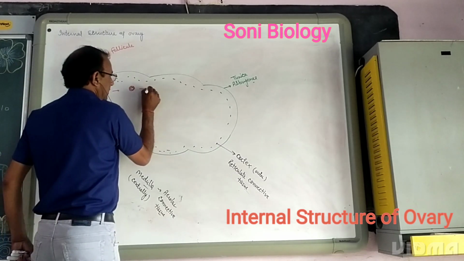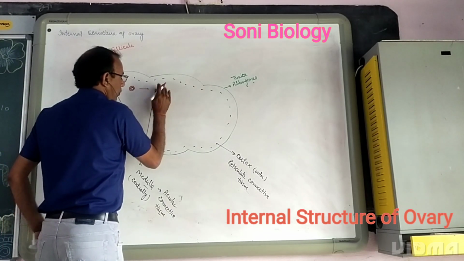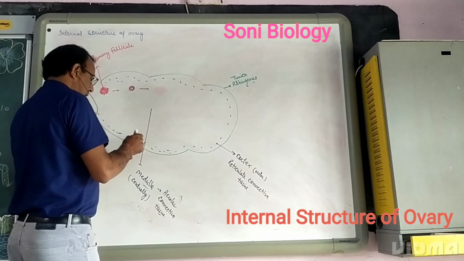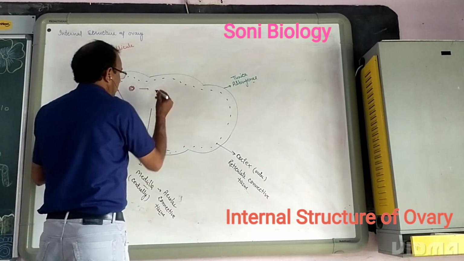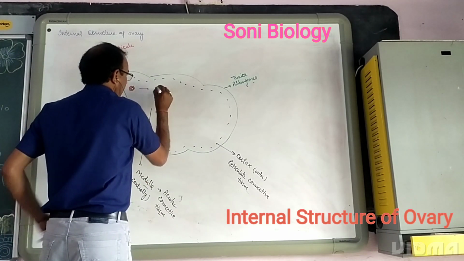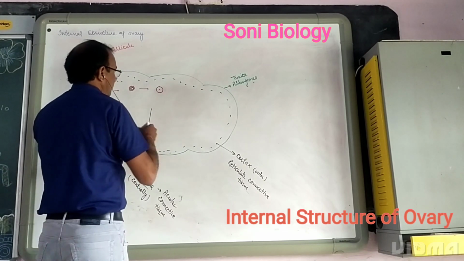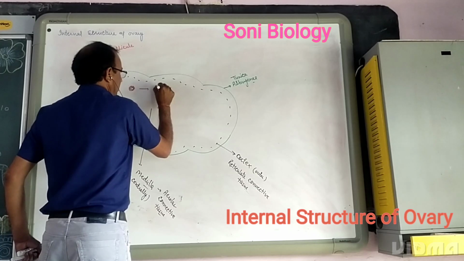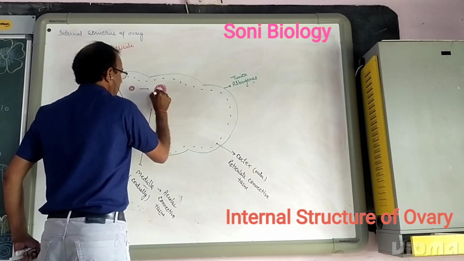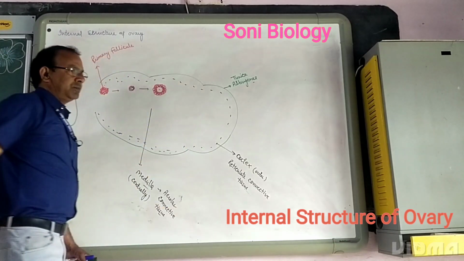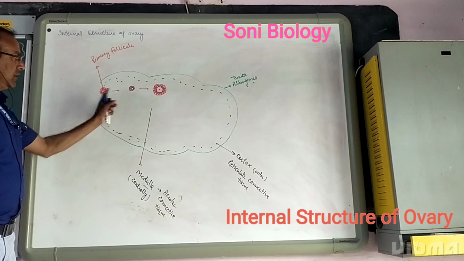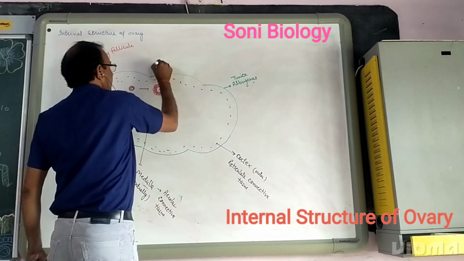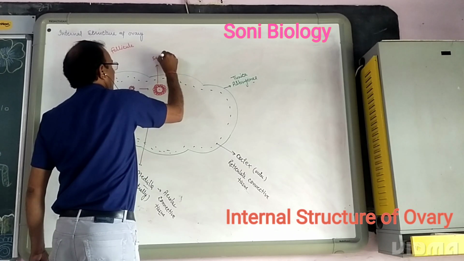After that the cell grows more, and there are many layers of follicle cells. Then this primary follicle changes into a secondary follicle.